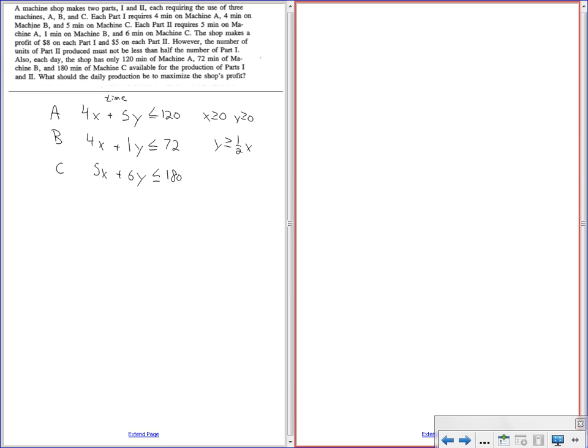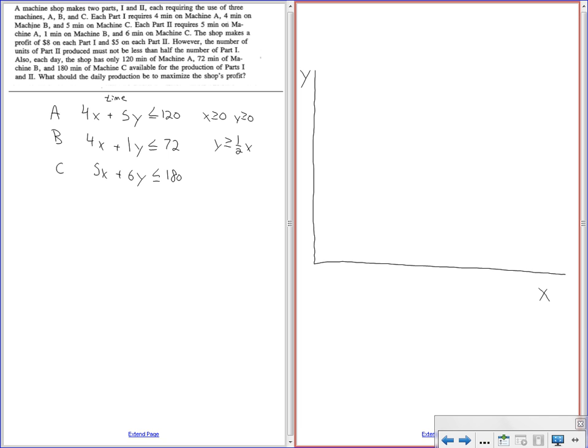So now we have a parameter to graph. First quadrant, x's and y's, and I go through my list of intercepts. We start with our first one.